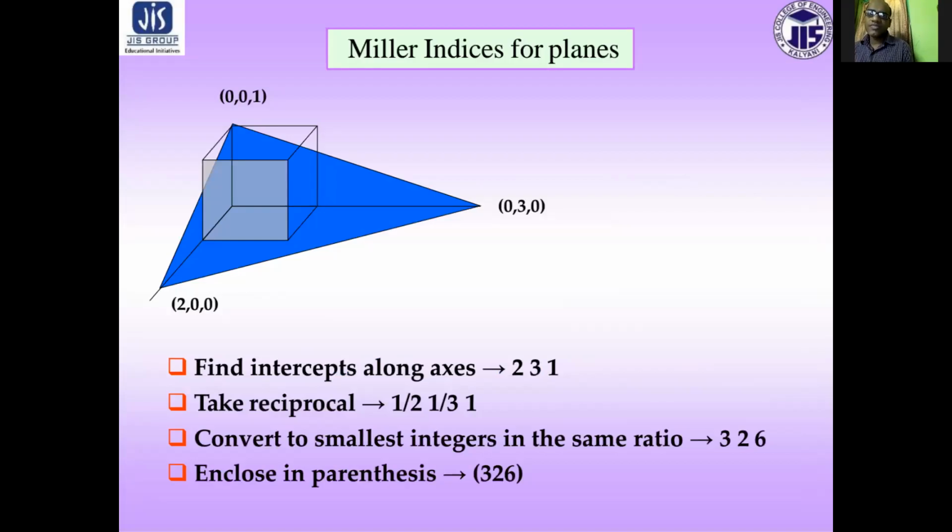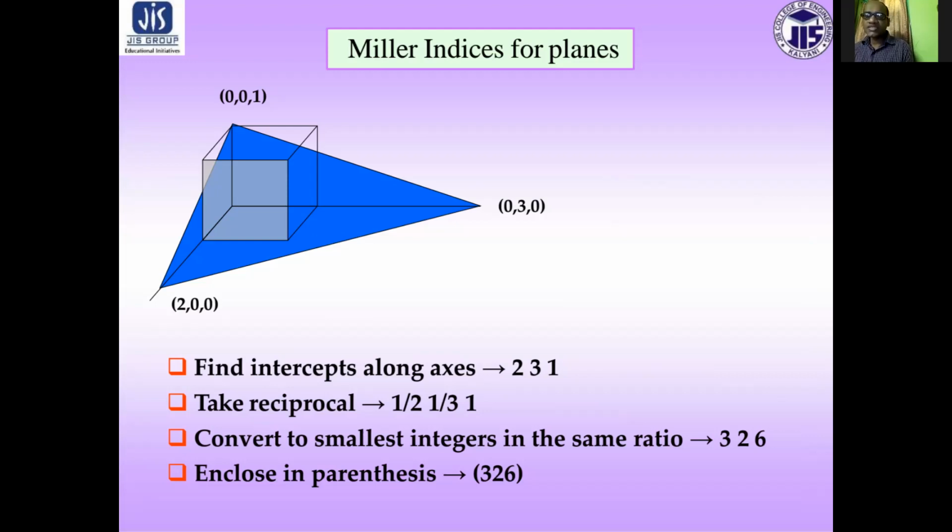Now here is another example in a cubical system. We need to find the Miller indices of the following plane. The plane has intercepts along the x-axis 2, y-axis 3 and z-axis 1. So along the x-axis the coordinate point is 2, 0, 0.